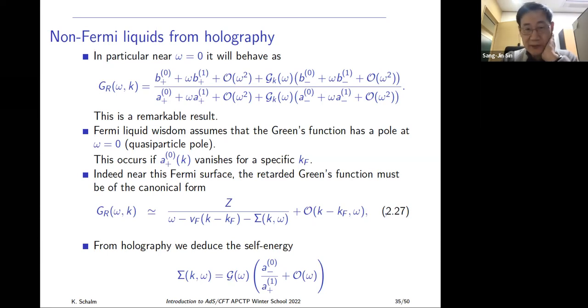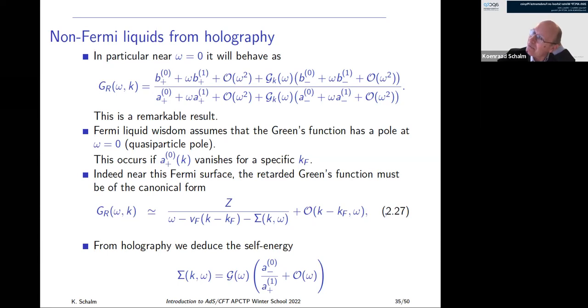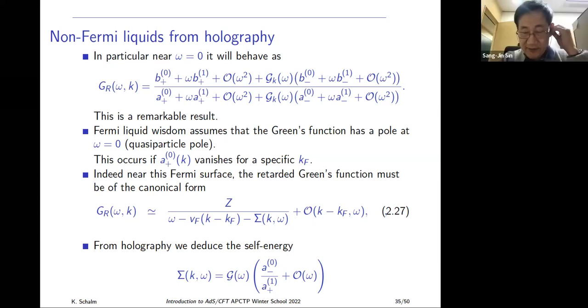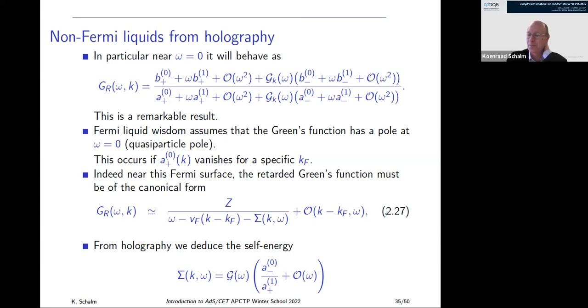But I'm not sure whether you read the paper or not. Maybe you can send me the paper. I'm happy to look at it. It's my recent paper from last year.